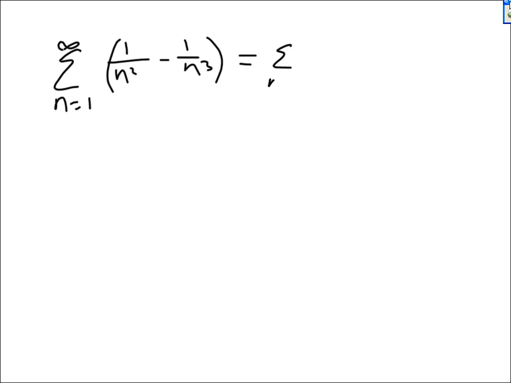What if you have this one? What if you have the summation as n goes from 1 to infinity of 1 over n squared minus 1 over, say, n cubed? Now, this does equal the summation as n goes from 1 to infinity. Now, whether you write down what I am writing down right now or not, you should definitely be thinking it. Now, the problem is that they both converge because p is bigger than 1.